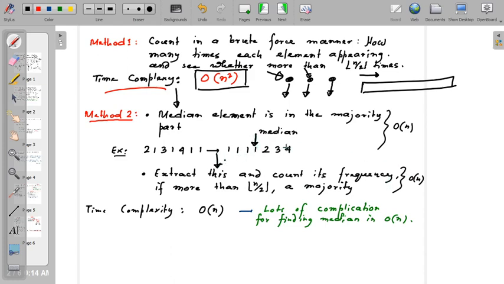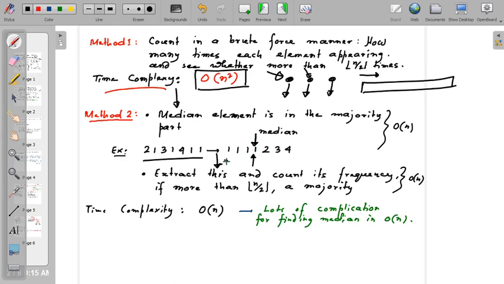I am finding the median of this list, and if all elements are distinct, we will also find one median, but at that time the median will not be the majority element. So if it is repeating, then we can find one median, and then we have to count how many times it is appearing.